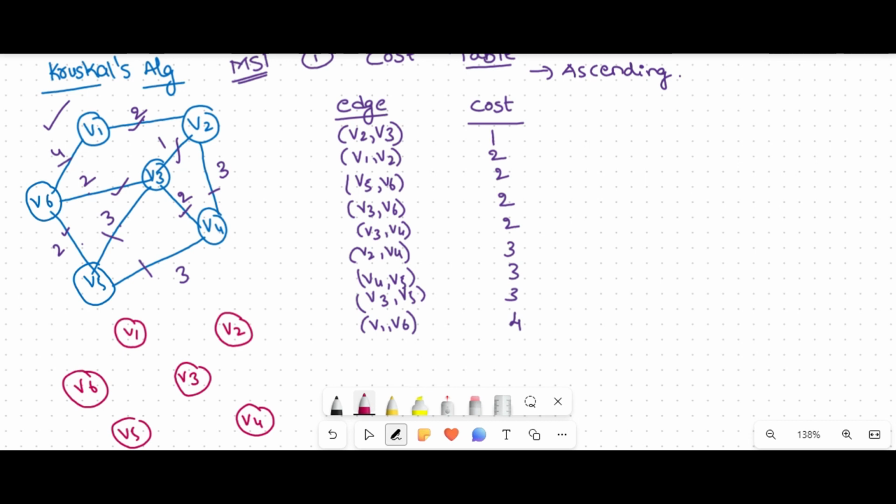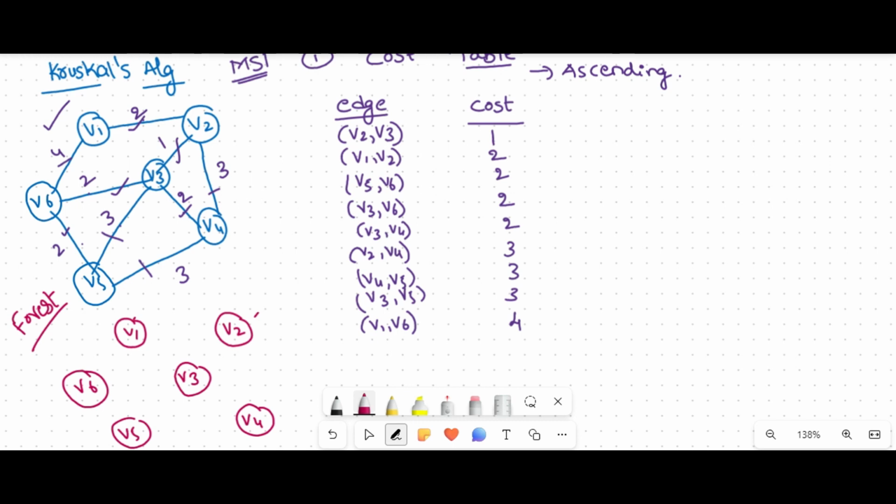Then add each edge to this spanning tree. This is called a forest, a collection of trees. Now we are combining all these trees to get a final tree.